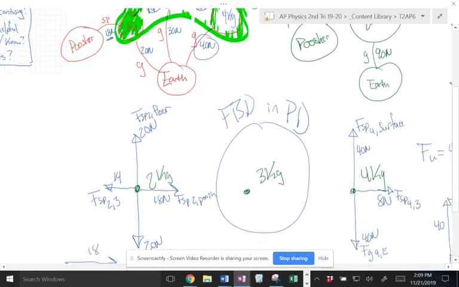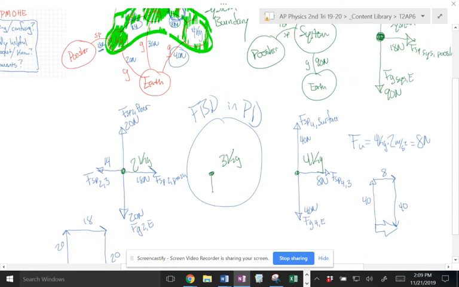This one is 8. So now when I go to draw 3, 30 down, 30 up, 14 to the right, 8 to the left. Now when I fad these arrows, 30 up, 14, 30 down, 8.